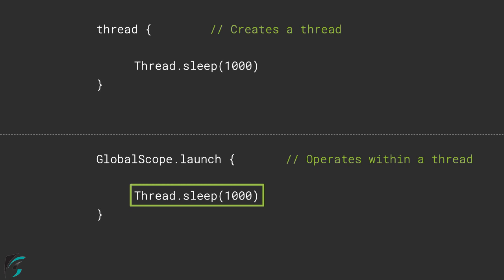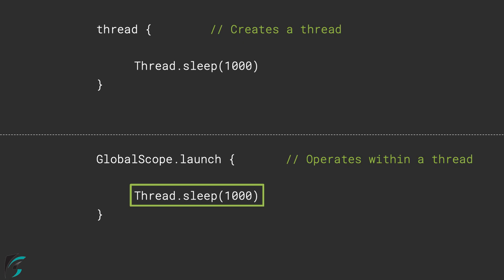Now this thread.sleep basically blocks the entire thread. So if some other coroutines are operating within the same thread as this coroutine, then it will block those other coroutines as well, which is not good, right? And it basically violates the principle of using coroutines. So what is the solution to this?